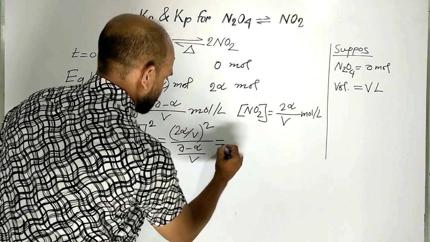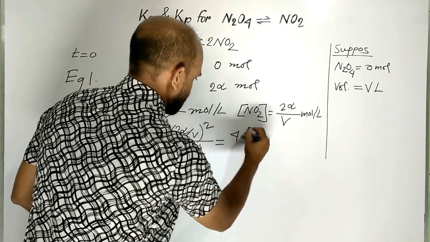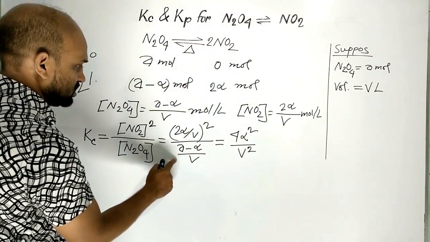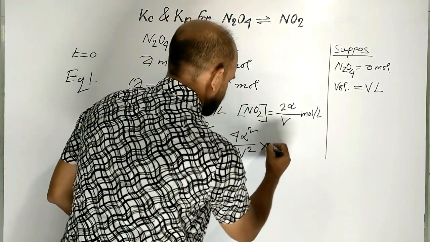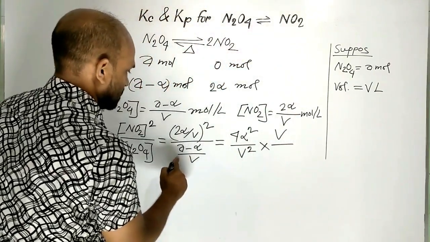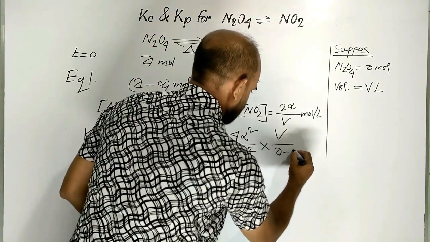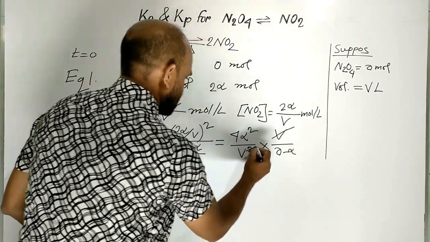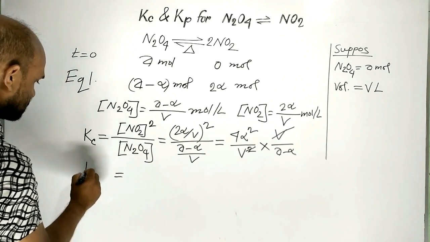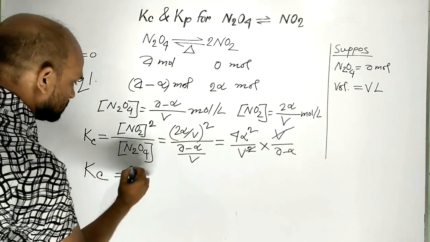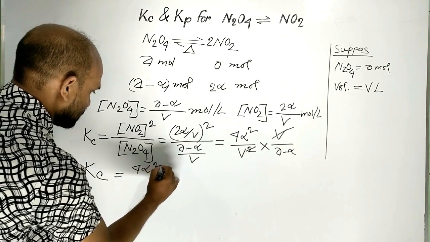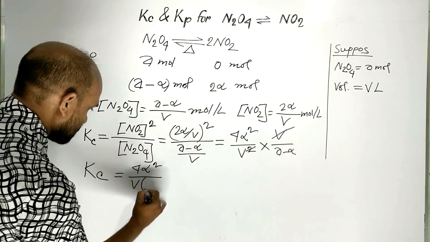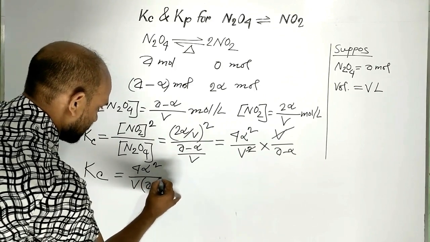This is equal to, we can write, 4 alpha square by V square. Now this term is inverted, V by A minus alpha. Now this V will cut this square, then we can write Kc is equal to 4 alpha square divided by V of A minus alpha.